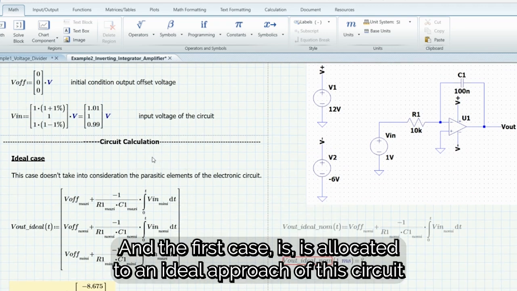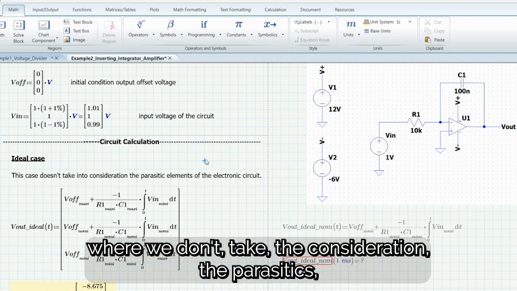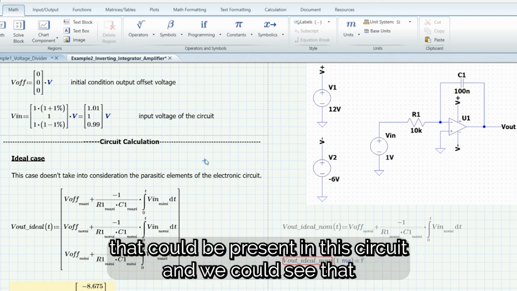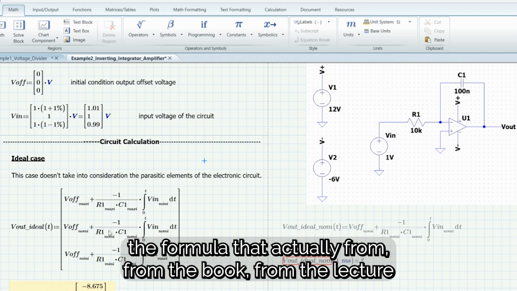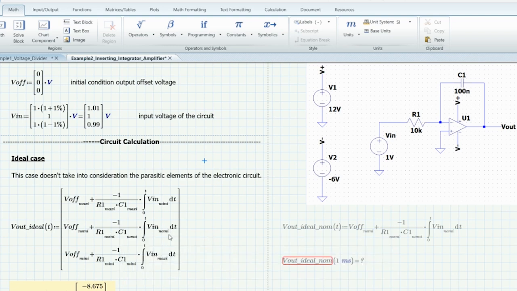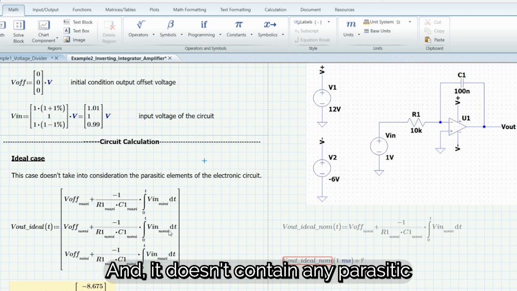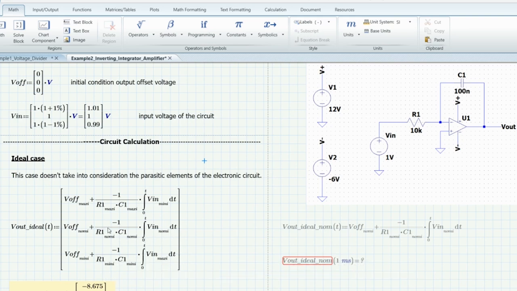The first case is allocated to an ideal approach of this circuit, where we don't take into consideration the parasitics that could be present in this circuit. And we can see that the formula from the book, from the lecture, is very simple, and it doesn't contain any parasitics.